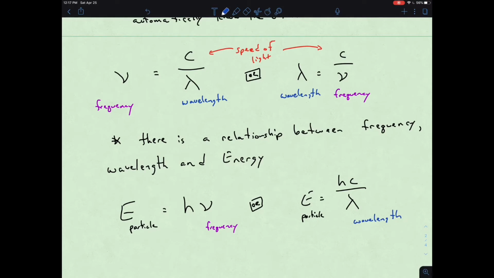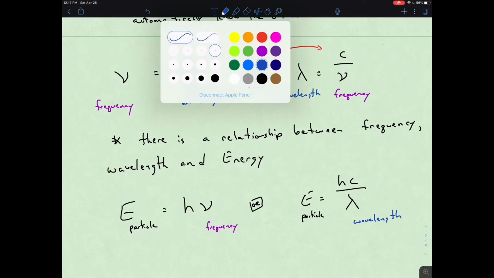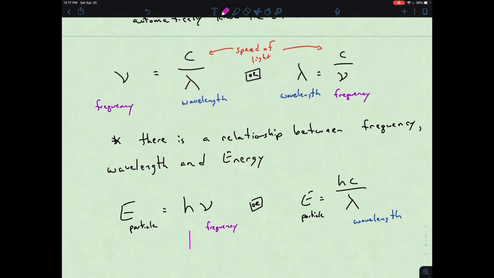We do have this new species called h. H is basically Planck's constant, which is equal to 6.626 times 10 to the negative 34th joule seconds. And so that's what we see above as well.